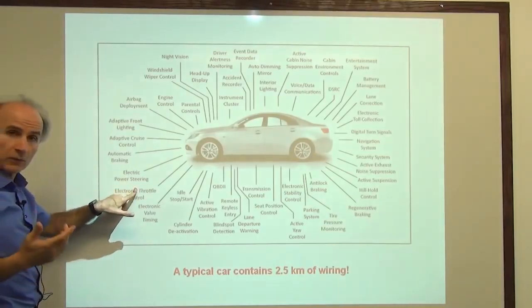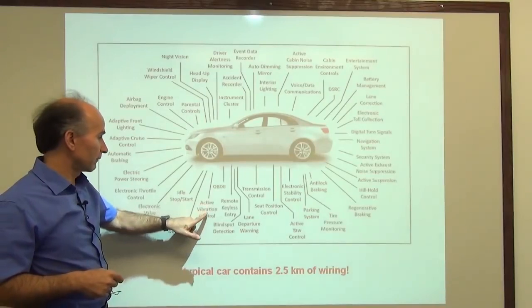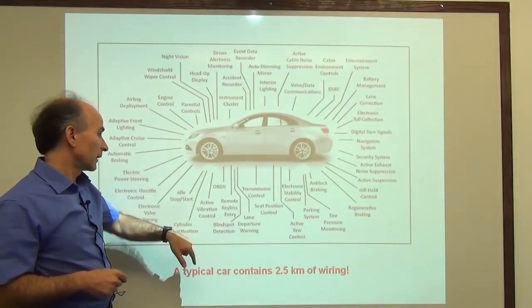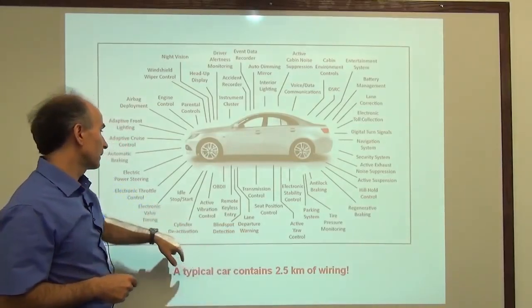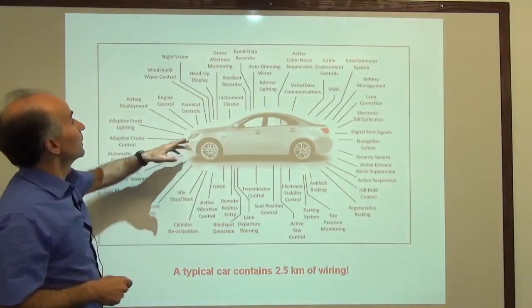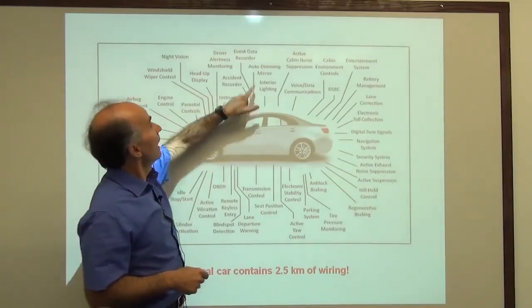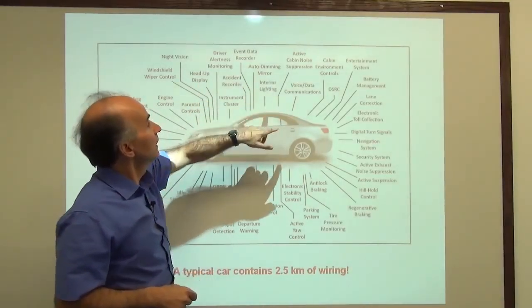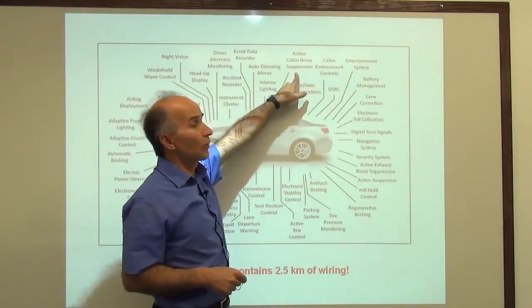Electric power steering, of course, we know that. But there are many other ones. For example, we have active vibration control, lane departure warning, head-up display, auto-dimming mirror, voice and data communications, active cabin noise suppression.